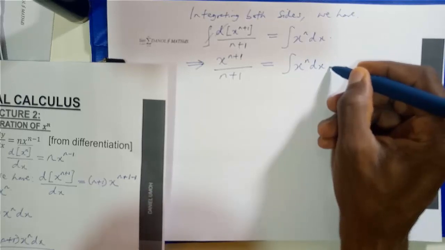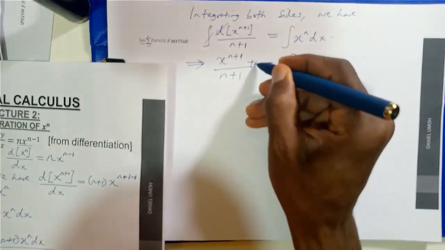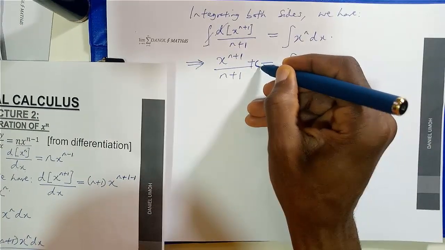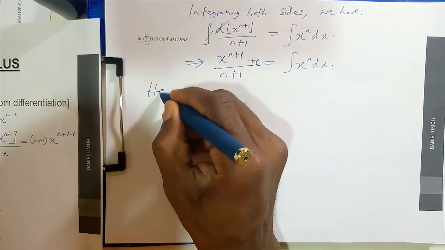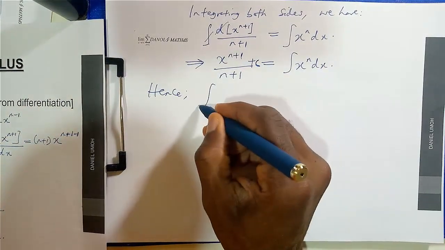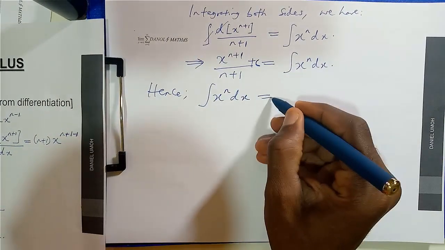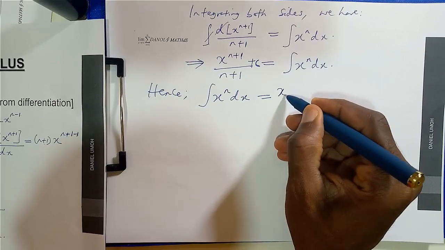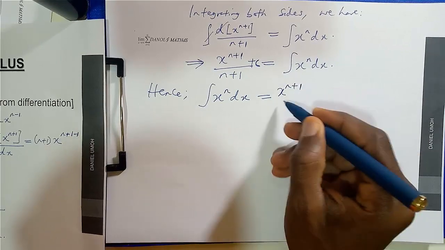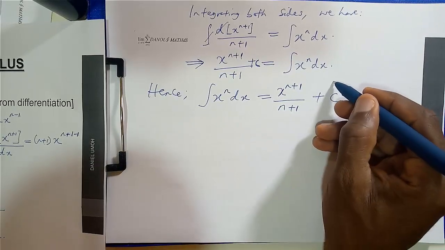Now remember, whenever we solve an integration, we said always put an arbitrary constant c. So hence, what we have been able to derive is that the integral of x raised to the power of n dx is equal to x raised to the power of n plus 1 over n plus 1 plus c.